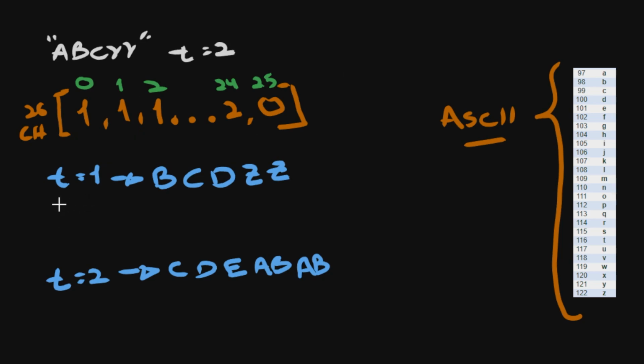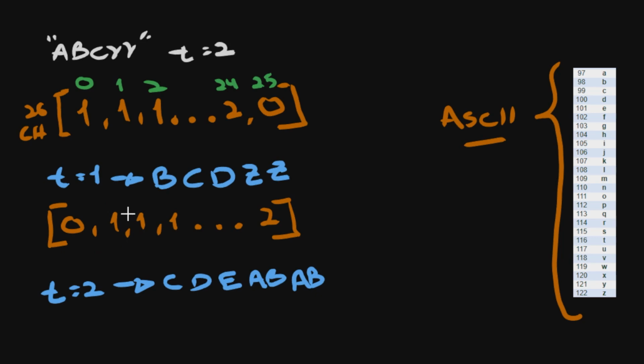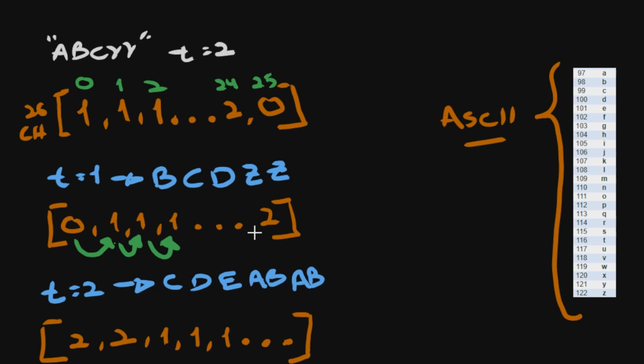So this would be the map after T1. Here we have 1B, 1C, 1D, and 2Z. And this would be the map for T2. We have 2 A's, 2 B's, 1C, 1D, and 1E. So here you can see clearly how we moved each one of these one step to the right, and we moved the final count to index 0, and we added to this index the final count.